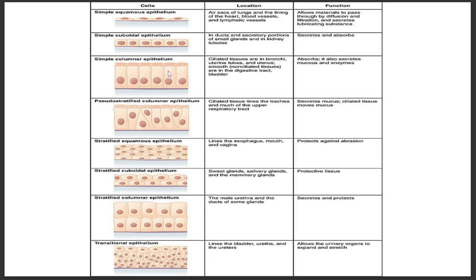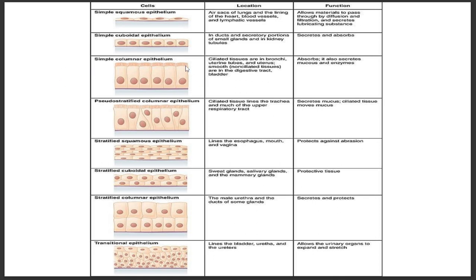Mostly in the digestive tract, you are going to have microvilli. These epithelial cells can undergo some modifications, forming microvilli, or you are going to have some cilia, or you are going to have keratin, depending on the function.